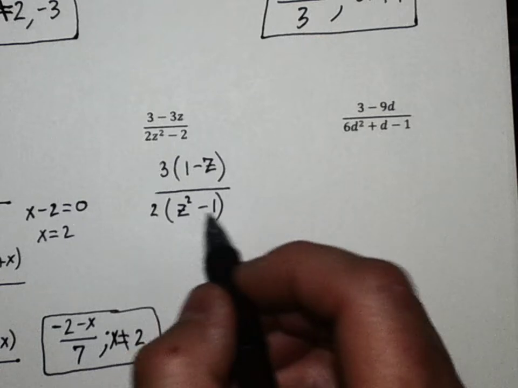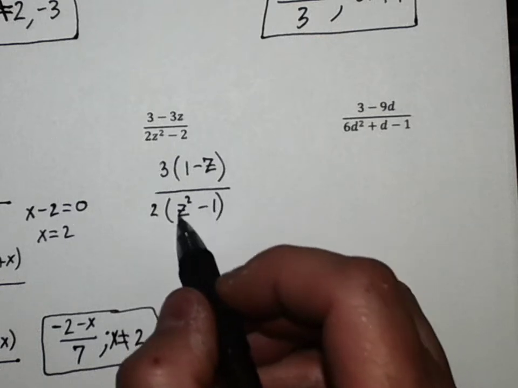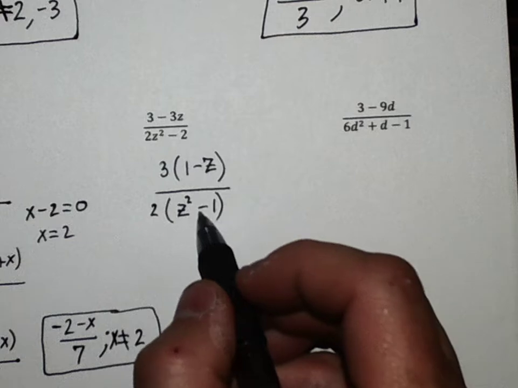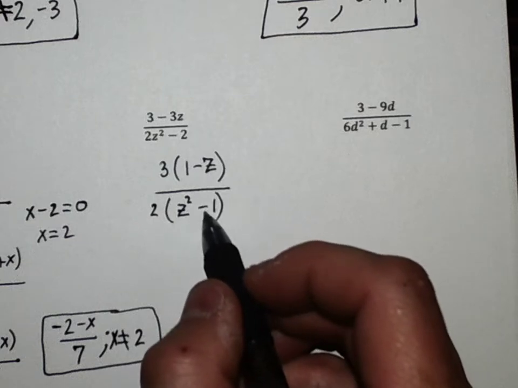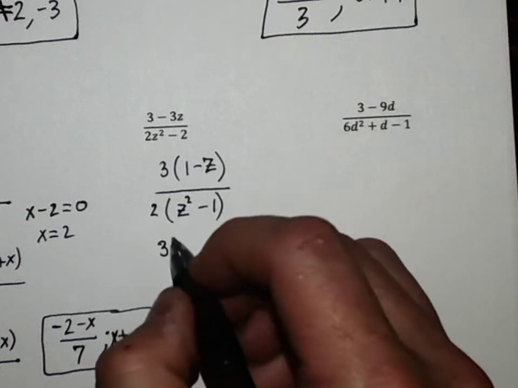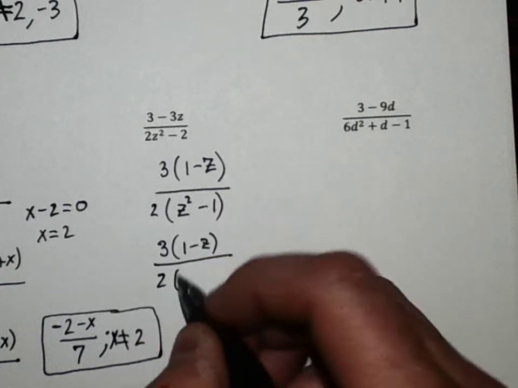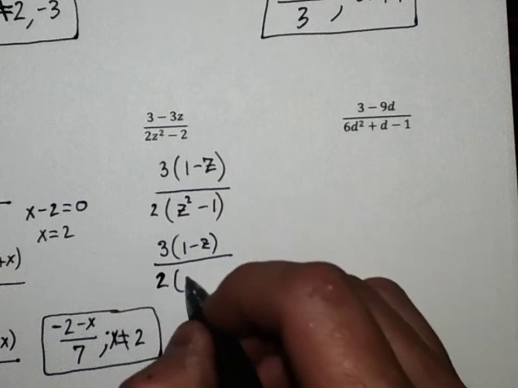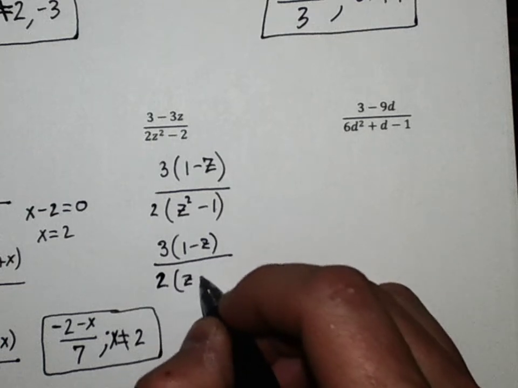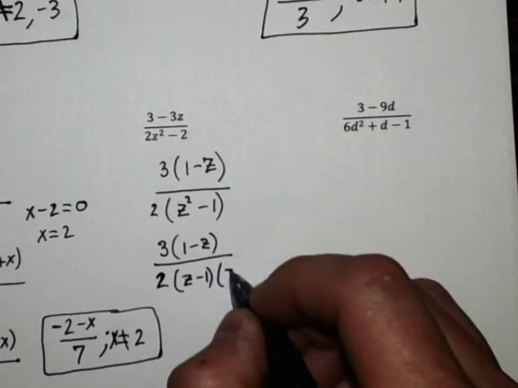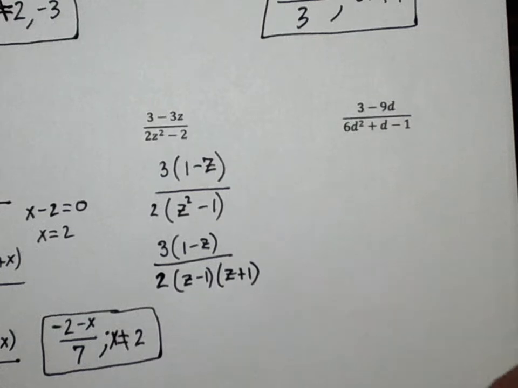This is a difference of squares. Perfect square, minus sign in between them. So it can factor 2, 1 minus z on the top still, 2 outside of z minus 1 times z plus 1.